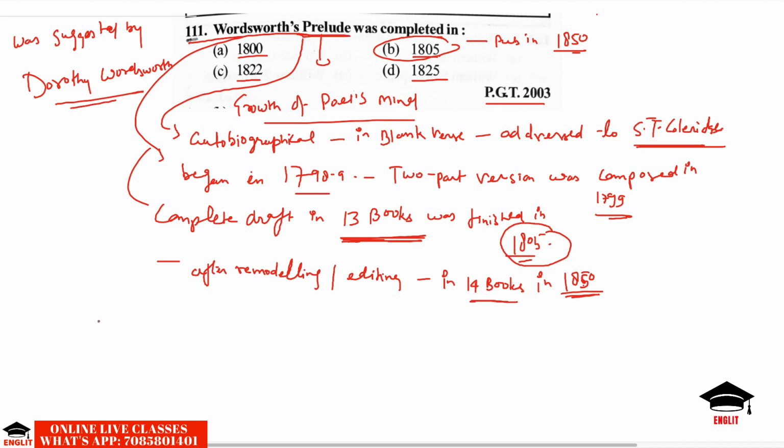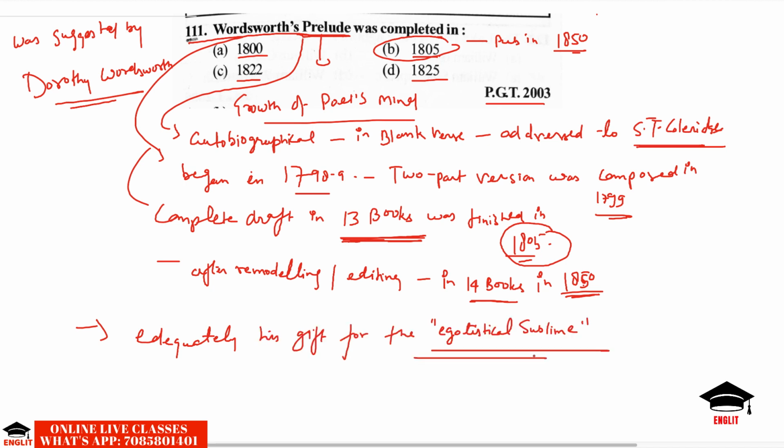The poem can be adequately called his gift for the egotistical sublime. He is said to be egotistical sublime by John Keats. This is very much characterized in this poem, The Prelude, because of his grand treatment of his own life, his own development, his own perspective towards nature.